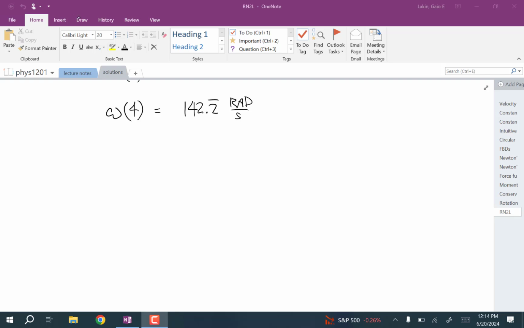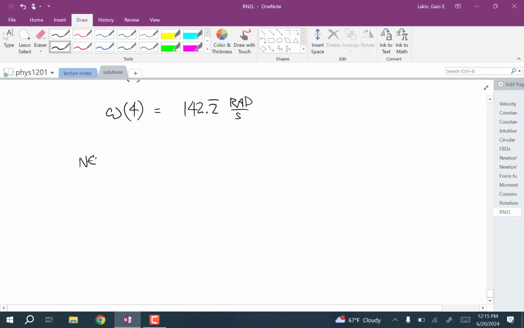I want to walk you through one more type of problem, and this is where we use rotational Newton's second law, but we also are using Newton's second law with the acceleration of the center of mass to calculate, usually, the contact force being applied to the body by the pin. And the key to this is that when you use Newton's second law with a rigid body, the acceleration that you're using in the equation is the acceleration of the center of mass.